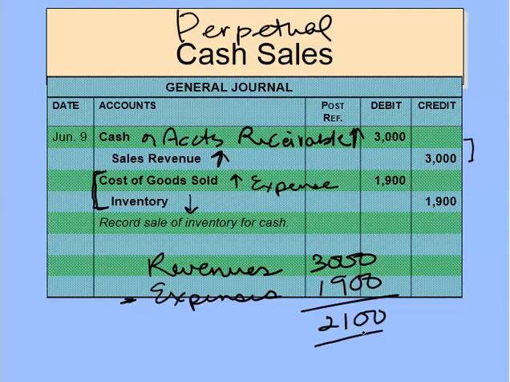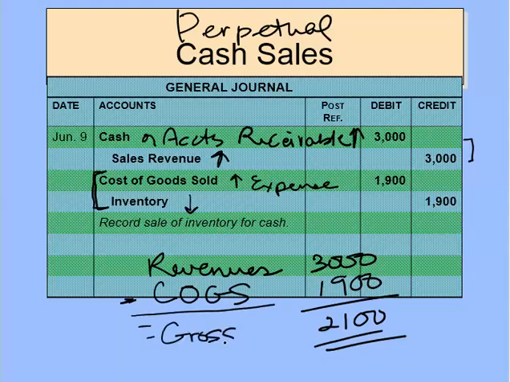Now this particular expense is actually cost of goods sold, and if you remember, revenues minus cost of goods sold give us gross profit. So now this particular company made $2,100 on that sale, so they have $2,100 left to go ahead and pay all of their other operating expenses and to hopefully earn some net income along the way.